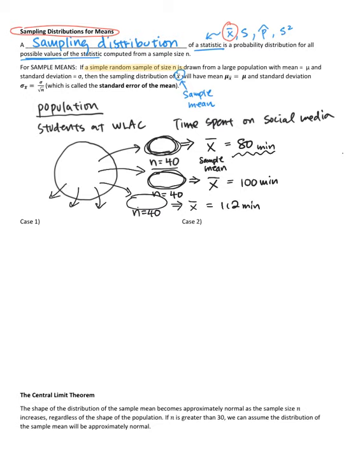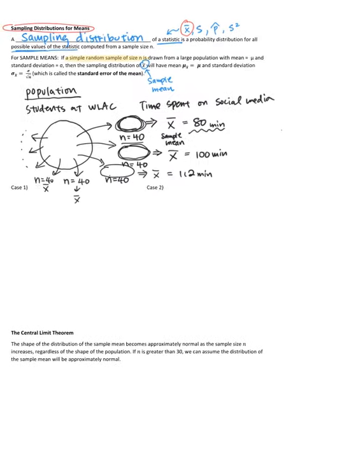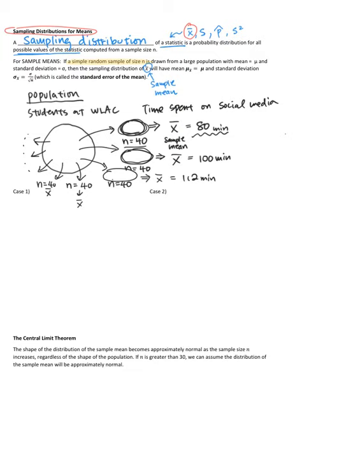You keep collecting a bunch of samples, and then you calculate X bar for each sample. After you find a bunch of X bars, you're going to end up getting many different values of X bars, correct? Because you have different samples every single time.